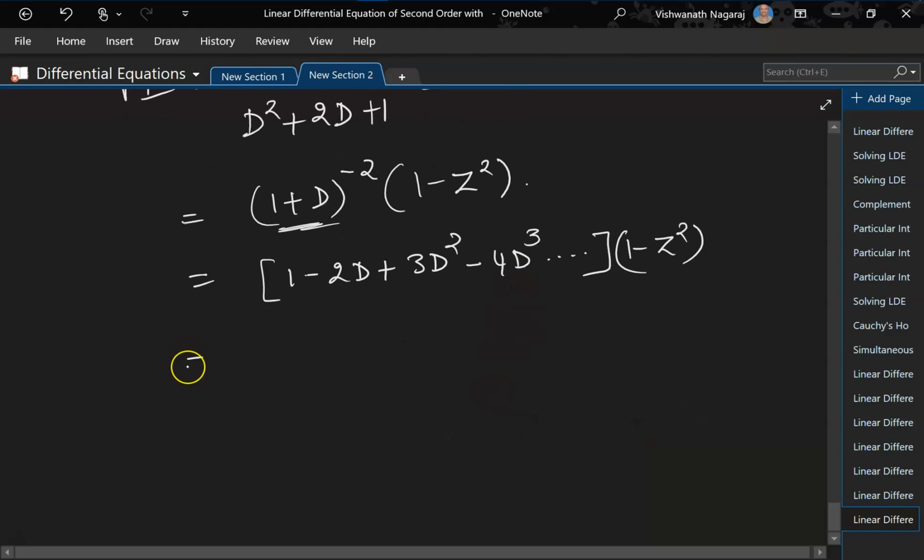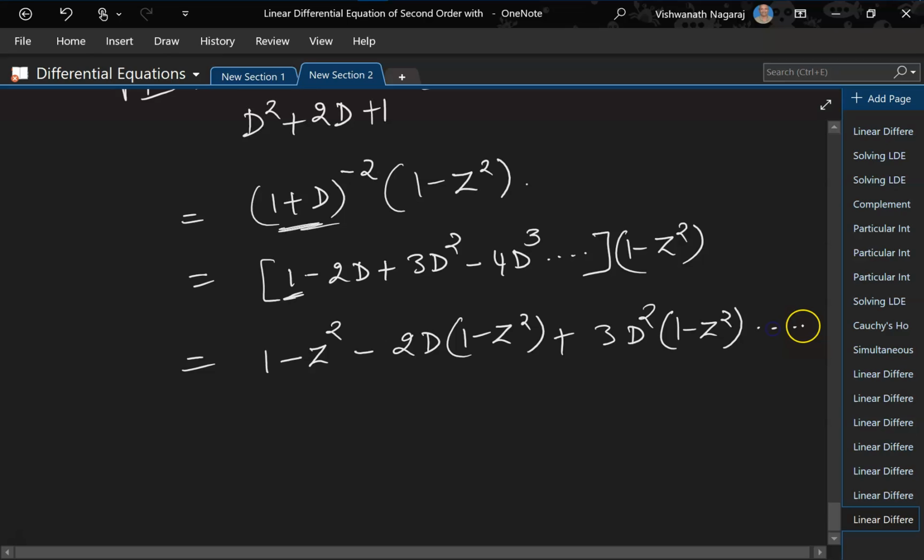Now let's multiply it. 1 times this gives you 1 minus z², minus 2 times the derivative of 1 minus z², plus 3 times the second derivative of 1 minus z², and so on.